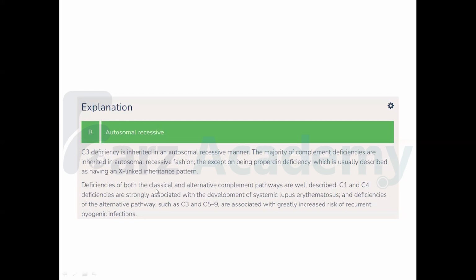Deficiencies of both the classical and alternate complement pathways are well described. C1 and C4 deficiency is strongly associated with development of SLE. Deficiency of alternate pathway components such as C3 and C5 is associated with increased risk of recurrent pyogenic infection, like we read about meningitis recently in the previous question, and C1, C4 with the development of SLE.